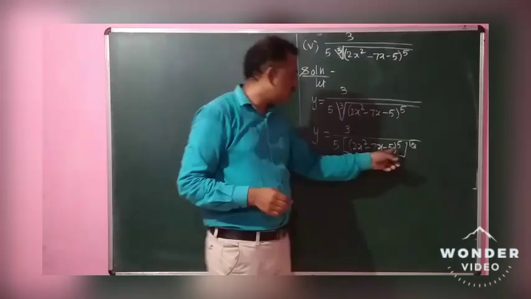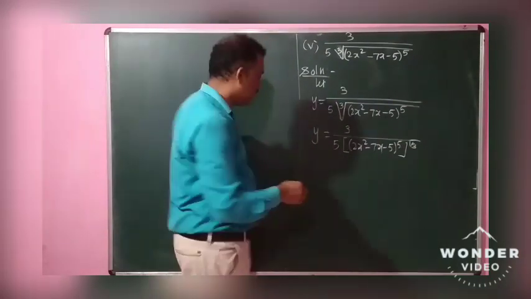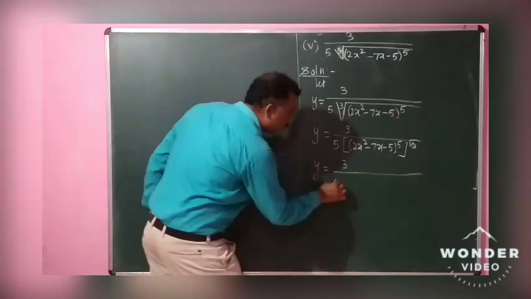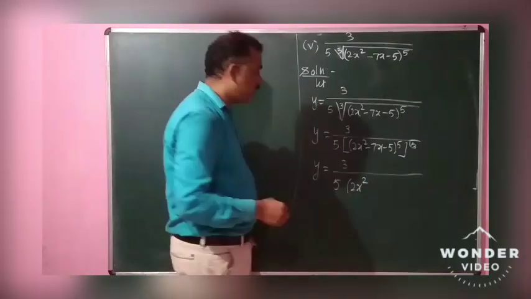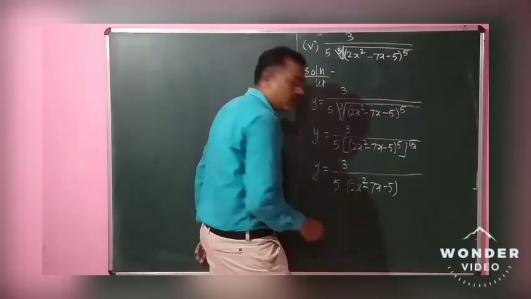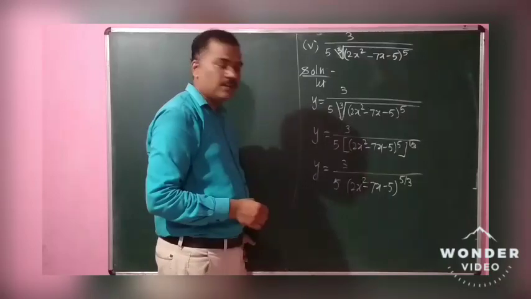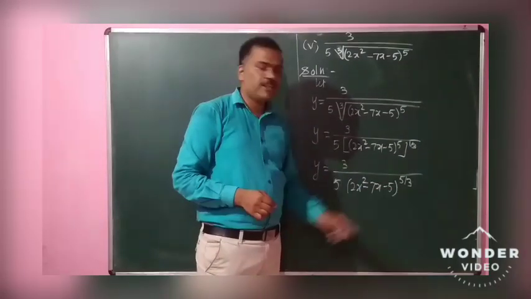Okay, by using the laws of indices, 5 raised to 1 by 3 is nothing but 5 by 3. So we can write y is equal to 3 divided by 5 into 2 into x square minus 7x minus 5 raised to 5 by 3. We have to take the denominator to the numerator, that is 2x square minus 7x minus 5 raised to 5 by 3.